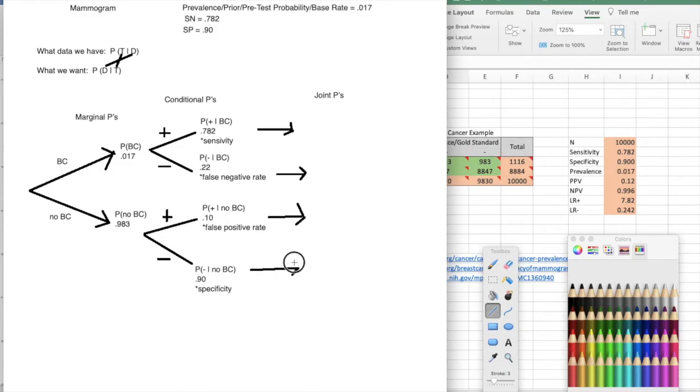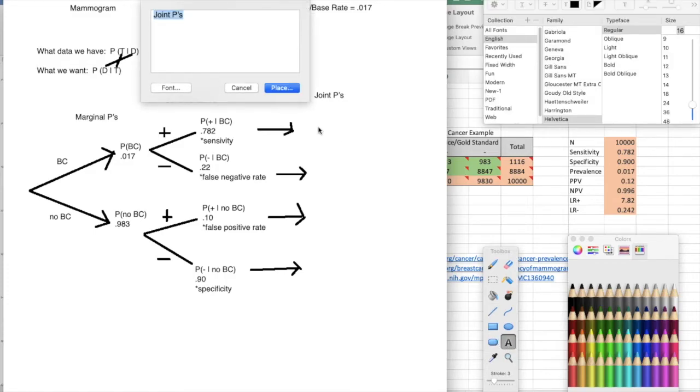And to get these, we just multiply across the branches. So, the joint probability of breast cancer and testing positive equals 0.017 times 0.782. It's a product equals 0.013.